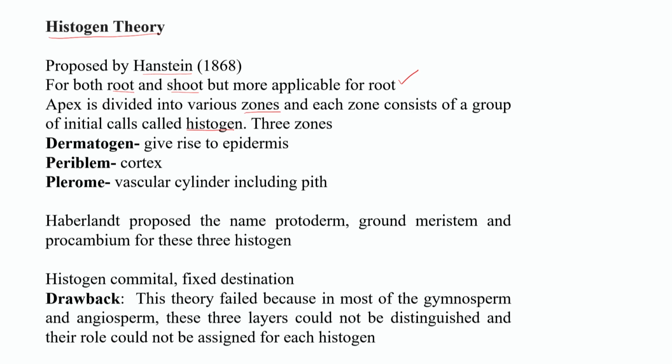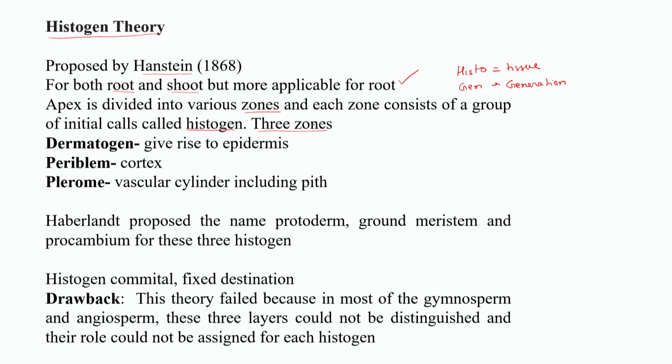Histo actually means tissue, and gen is taken from generation, that means tissue generation. The cells or layers which are capable of generating tissue are known as histogen.